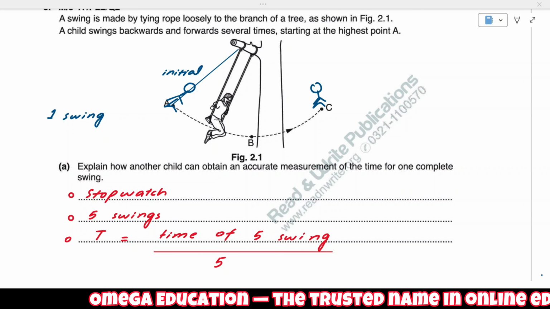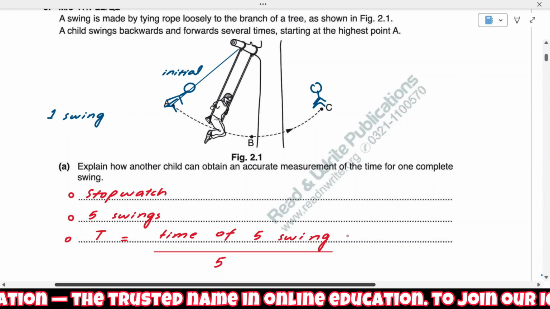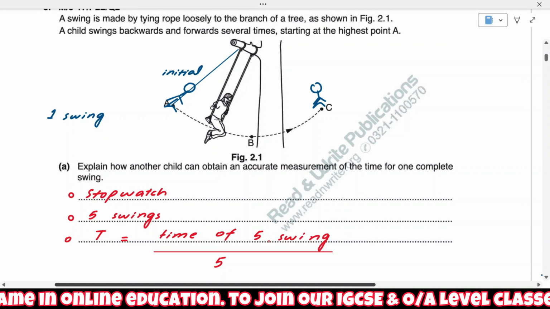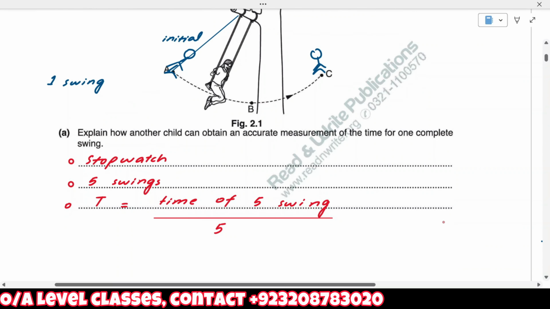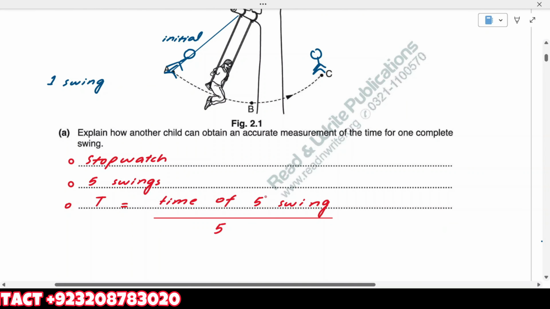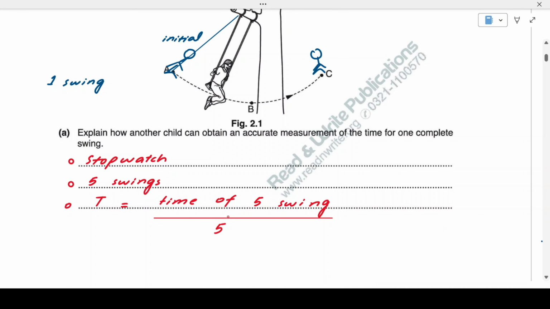So you obtain a more accurate value if you increase the number of swings. We don't rely on a single one. There's a very good chance that he is not able to start the stopwatch at the right time, or stop it at the right time. So we'll measure for at least 5 swings and average out everything.